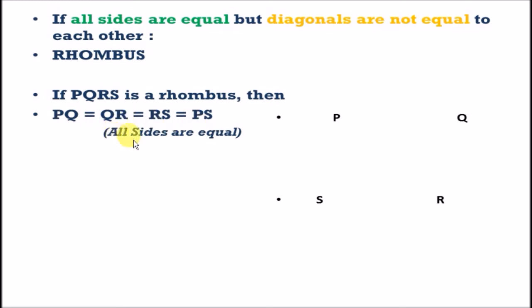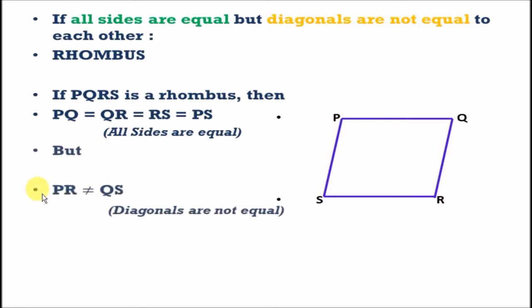That is, all 4 sides will be equal. But PR will not be equal to QS. That is, the distance of the opposite vertices, the diagonals, will not be equal. PR not equals QS. So a rhombus will have all sides equal but diagonals unequal.